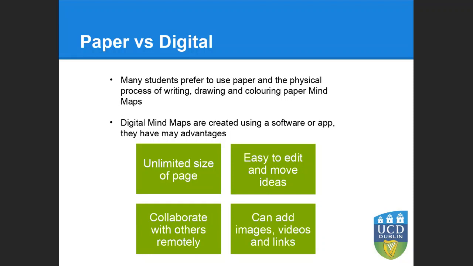And what's particularly useful about doing a digital one is sometimes you can add in images. So if you're very visual but maybe you don't enjoy drawing, sometimes it can be nice to add in an image or a link to a video or a link to maybe a research paper or something like that, that will really help you develop that thought. And that means that when you go back to that plan, you have all these links structured.